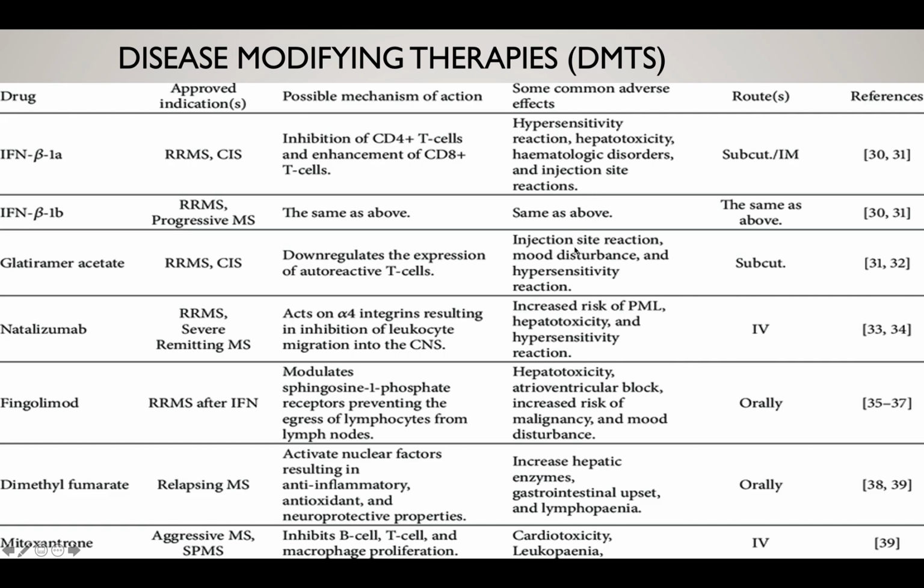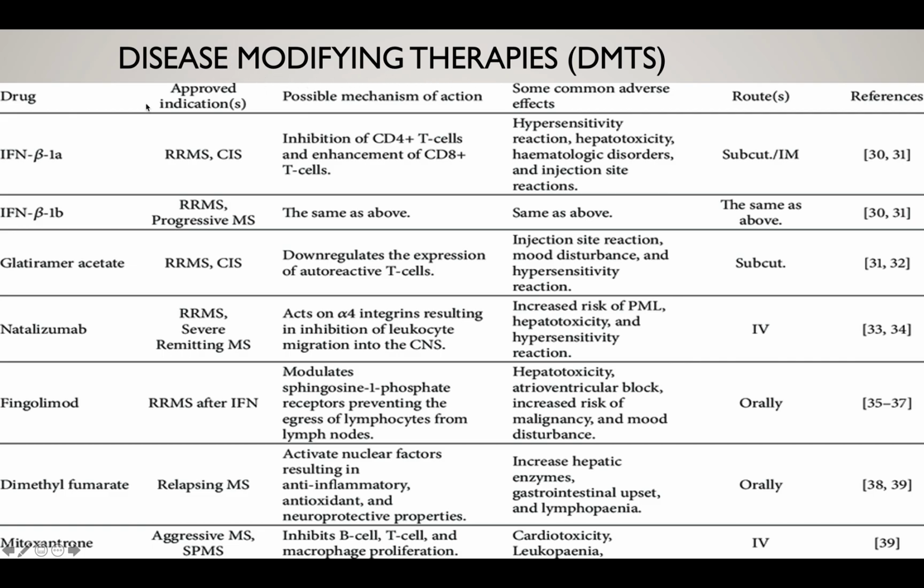Sorry, I know this table is very full of information, but it's all just for your information. What I want you to know is that these medications are called disease modifying therapies.